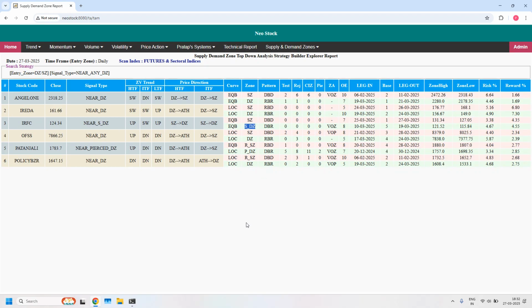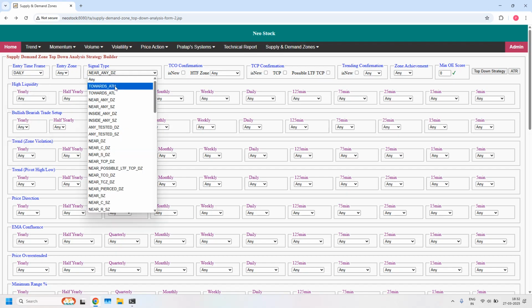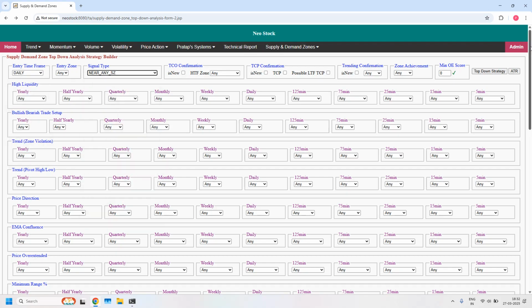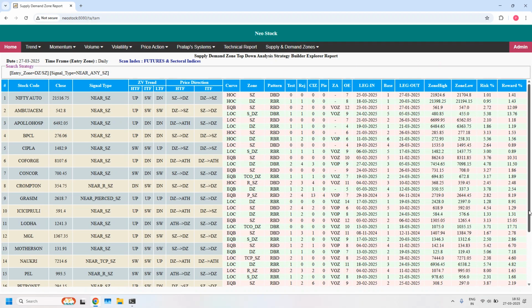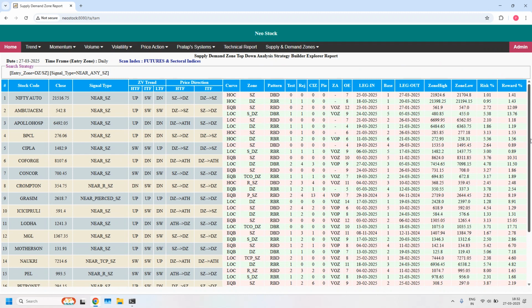That's it. We got one high liquidity daily demand zone from this list. Okay, next, for the daily time frame, let us find the stocks near to the daily supply zone. We got 21 stocks. Let us identify high liquidity daily supply zones from this list.